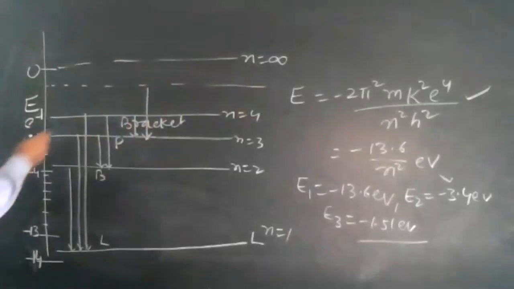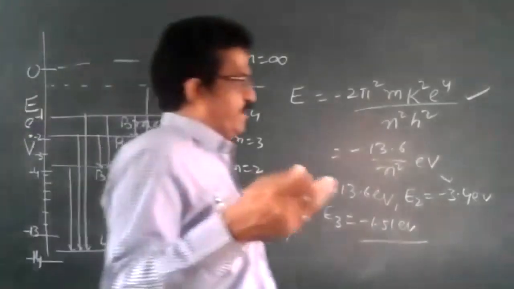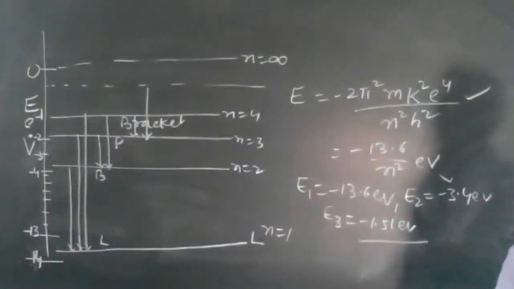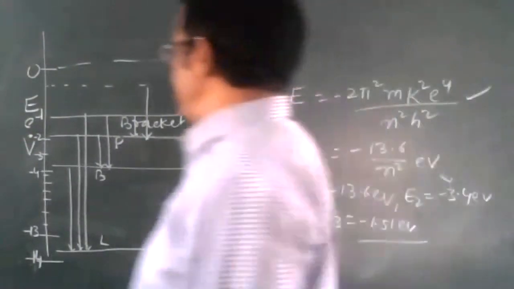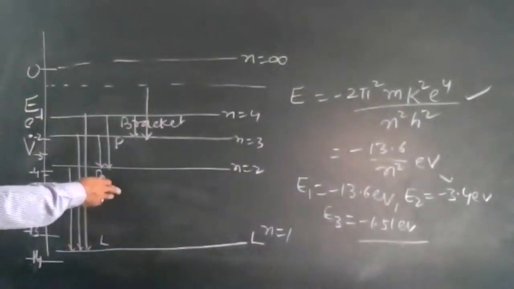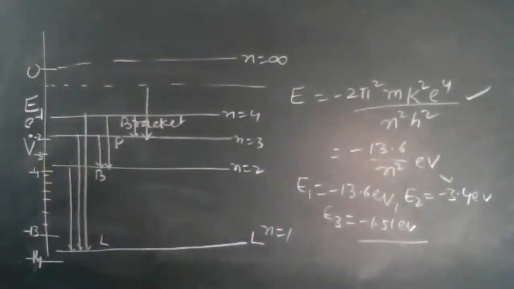So this is E1, E2, E3, E4, E5, E6. Draw this figure. This is the energy level diagram.